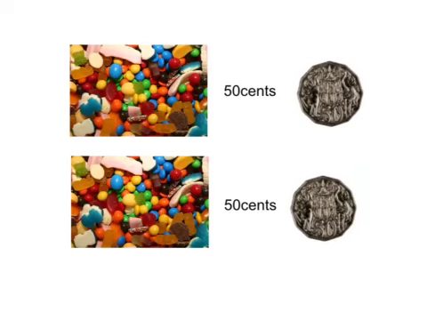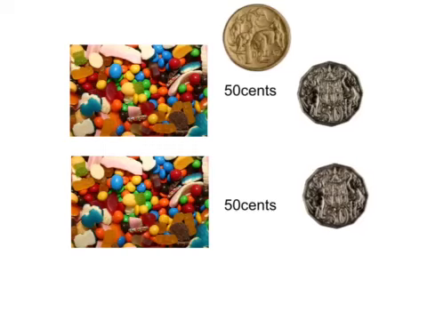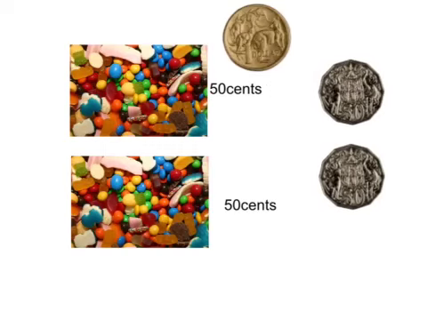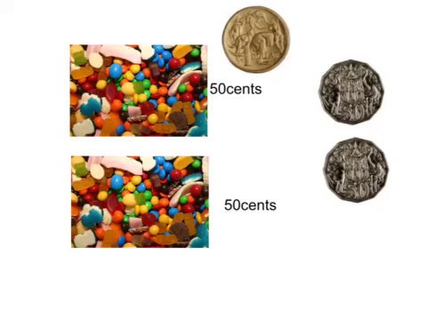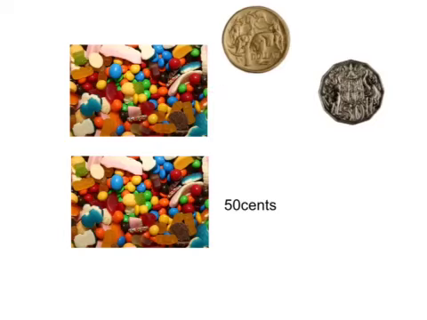That adds up to $1. There's $1 up the top. We can replace these two with this one. So let's get rid of them. Here we go. One's gone. Oops, wrong one. But anyway, it doesn't matter, we'll keep going. 2 gone.